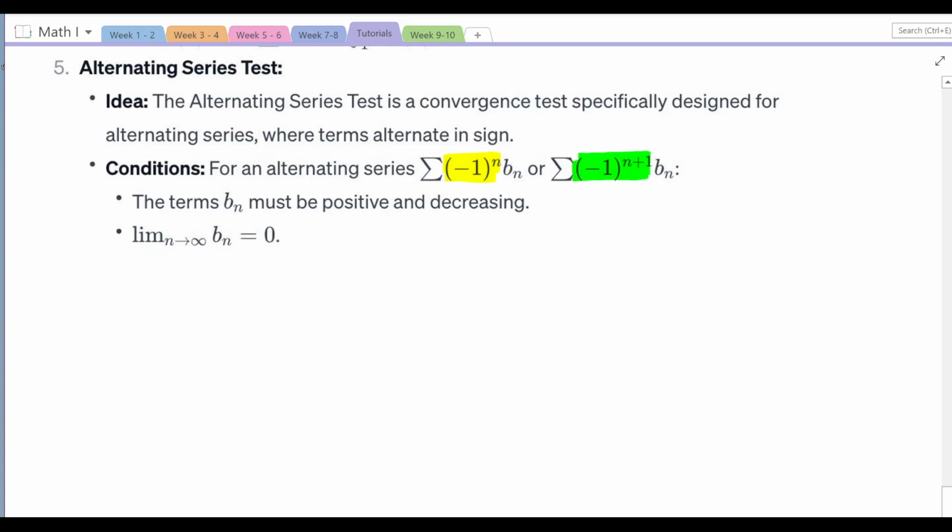Both of these are only determining the positive and negative, or the alternating signs, of the series. So the series that we are interested in is this one.